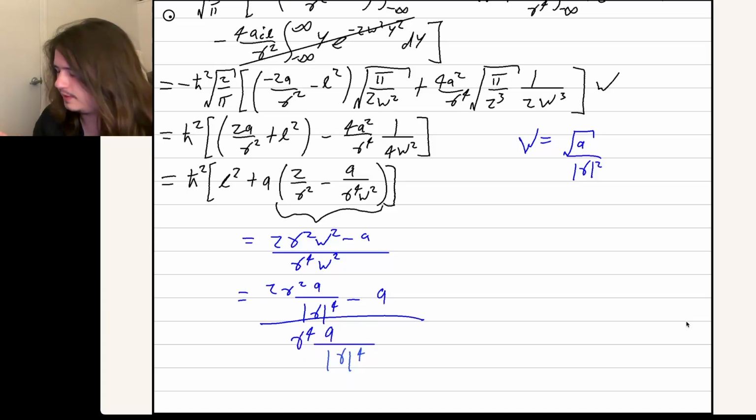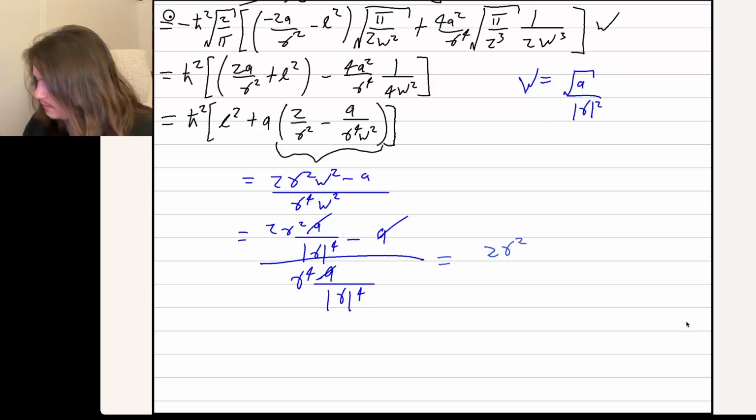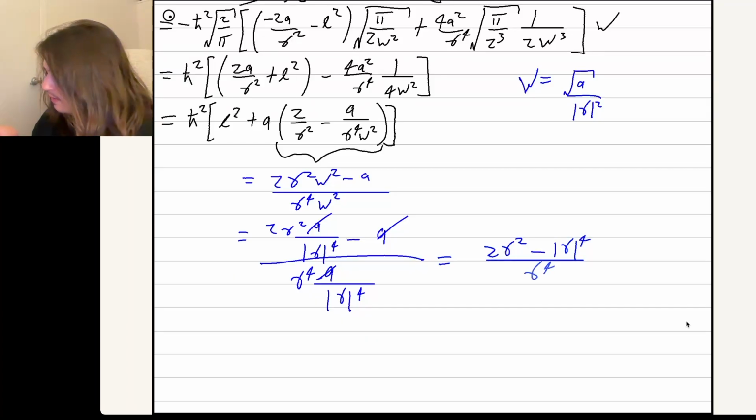And then you realize that you can cancel out all the a's, and you can multiply everything by mod gamma fourth, so it's all in one line. So now it's 2 gamma squared minus mod gamma fourth all over gamma to the fourth.